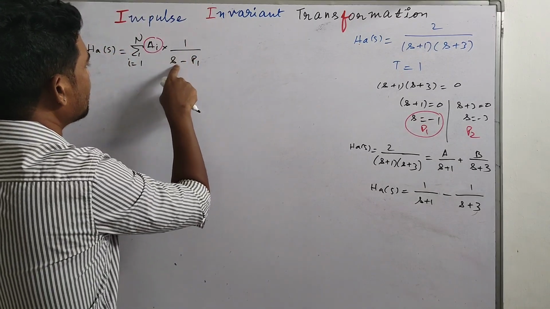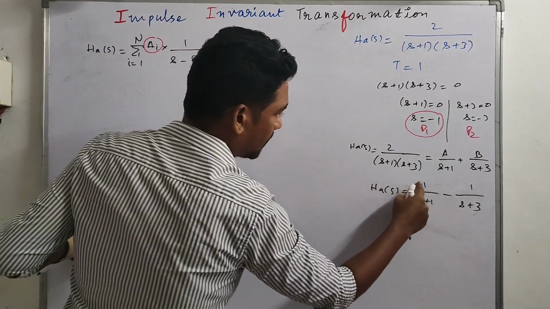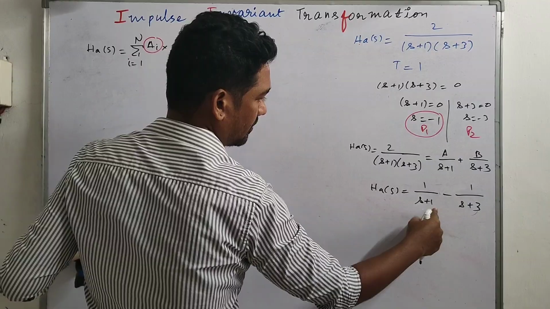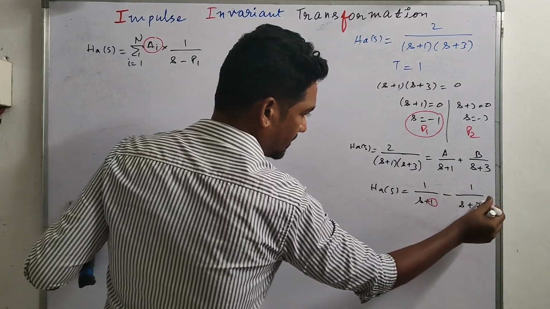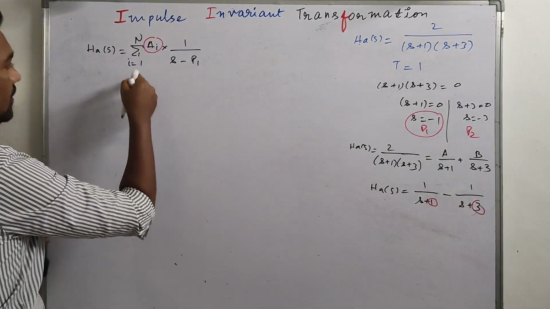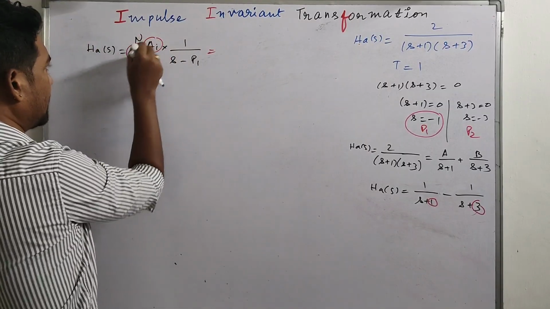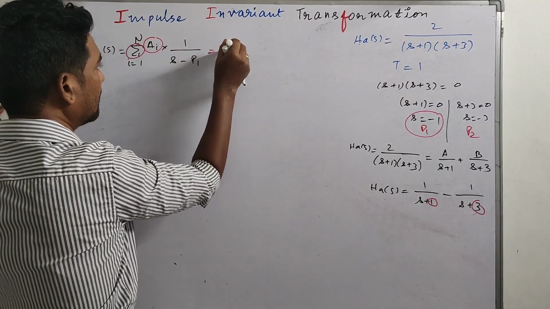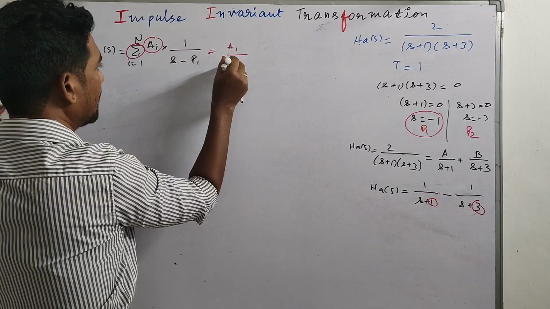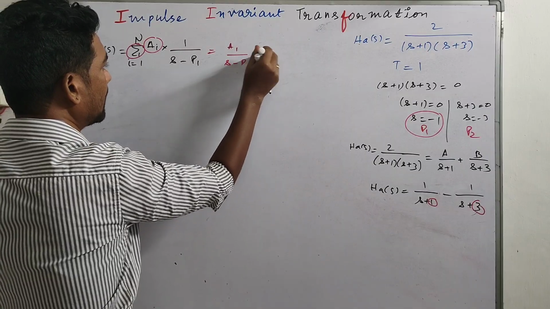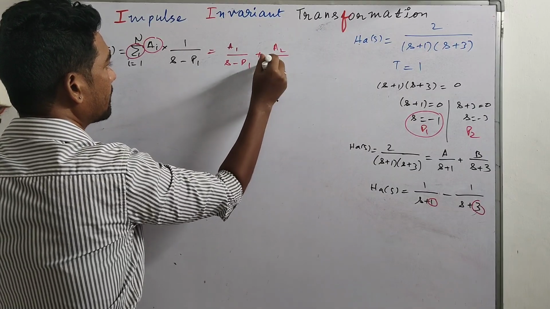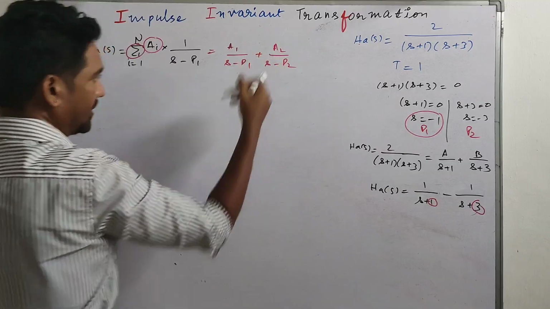1 upon s minus p1, 1 upon s plus p1. This is the pole. I said this is the pole, isn't it? So here we have two poles. So the summation can be expanded as a1 by s minus p1 plus a2 by s minus p2, or like that.